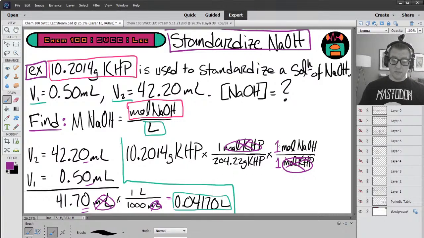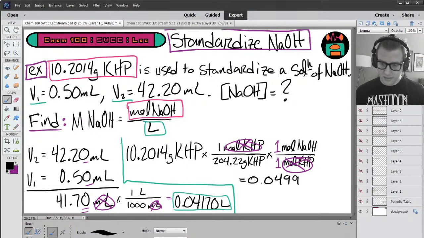So now we can crunch our numbers, find our moles of sodium hydroxide. We have 10.2014 divided by 204.22 times 1 divided by 1 comes out to be 0.0499... 5299.